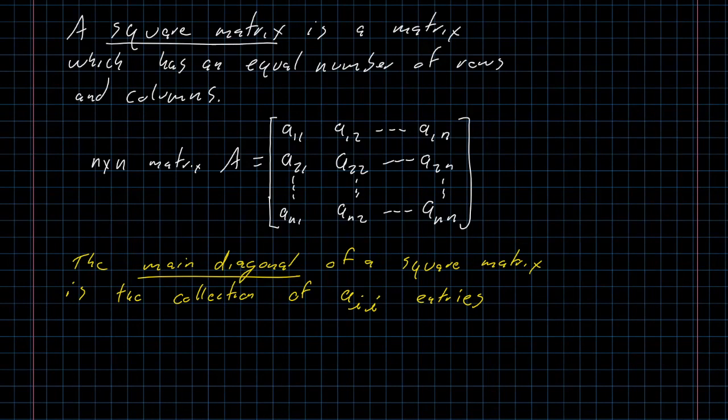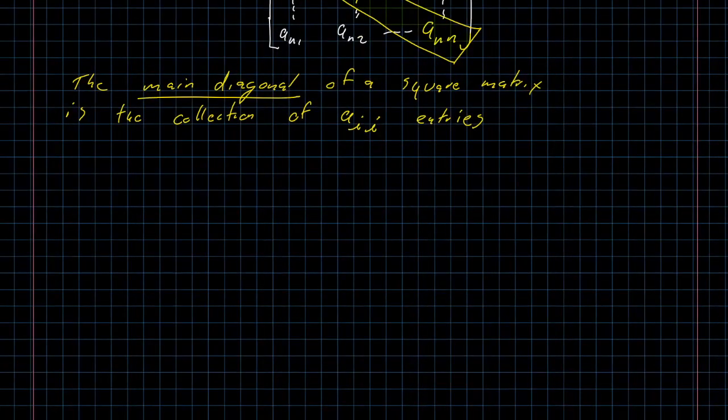So A11, A22, A33, and onward down to Ann, moving in that orientation along the matrix. We call that the main diagonal of the matrix. It is going to be the one that we are going to ascribe a number of properties to, most of which actually come out of one particular matrix.